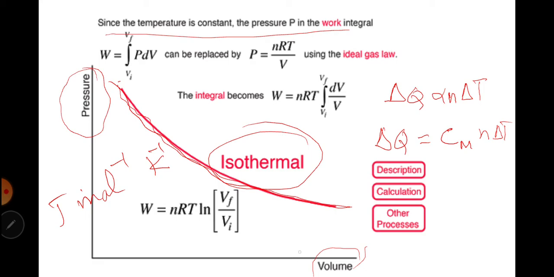Simply, the quantity of heat required to raise the temperature of 1 mole of a gas by 1 Kelvin is called molar specific heat capacity of that gas. If del Q is the amount of heat required to raise the temperature of n moles of a substance, n is the number of moles, del T is the change in temperature, and del Q is the heat.